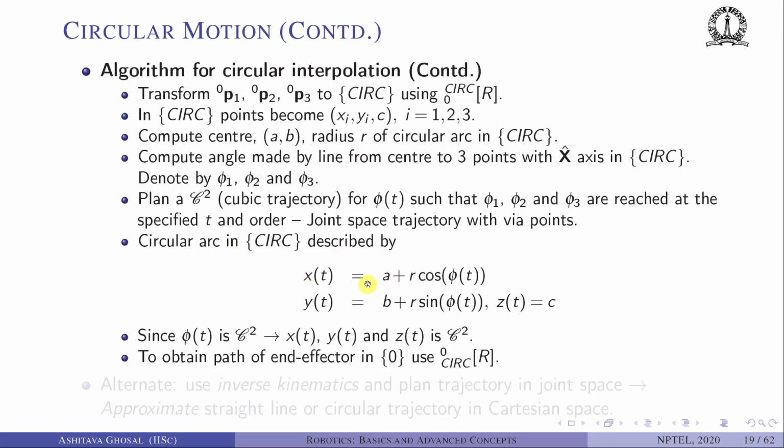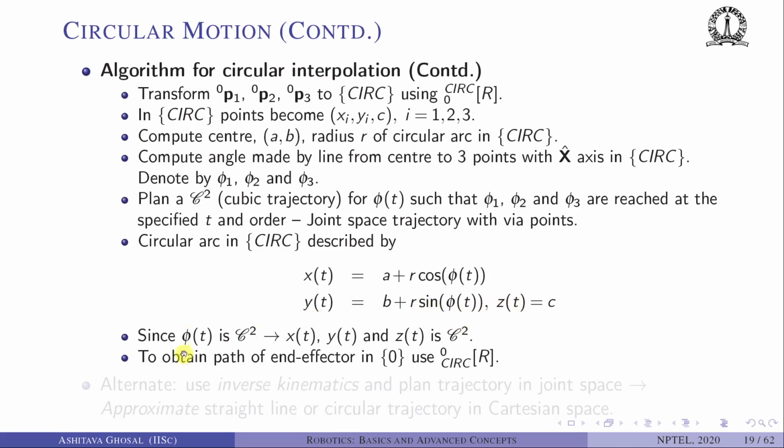Okay, so once we find this circular arc, the equation of the points on the circular arc will be given by x of t, which is a plus r cos phi t, and y of t, which is b plus r sin phi t, and z of t will be constant.